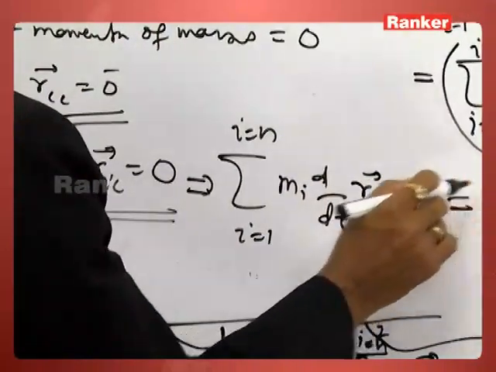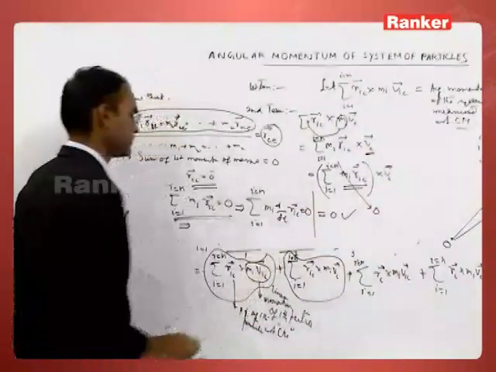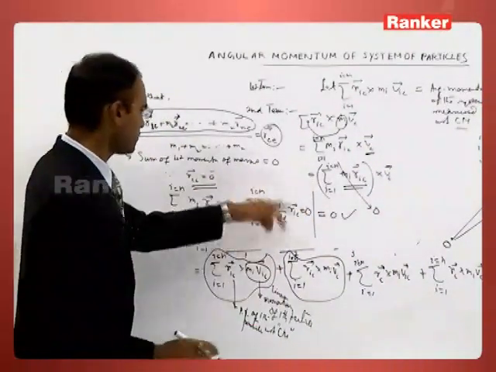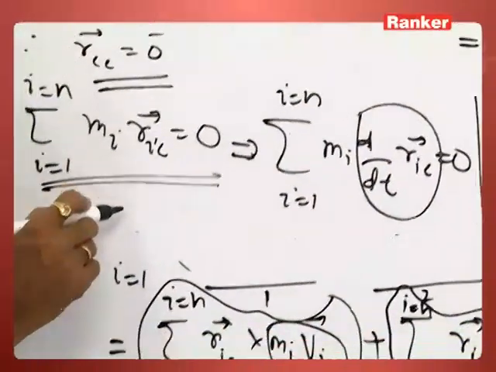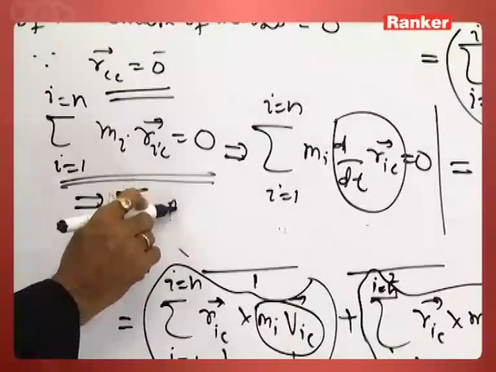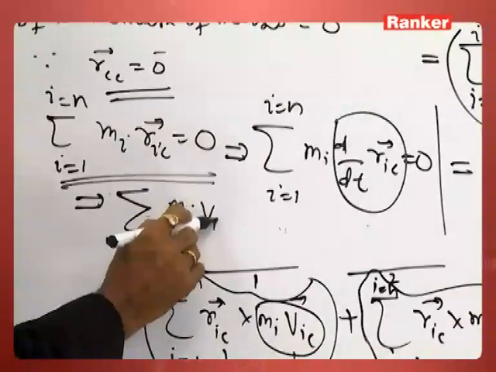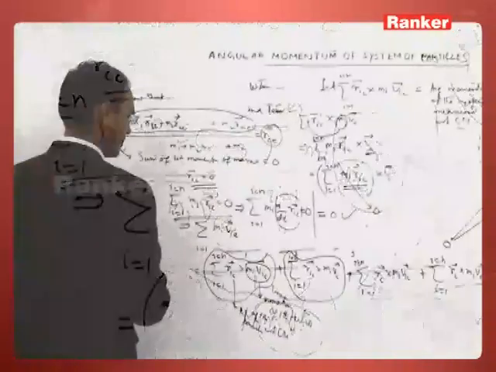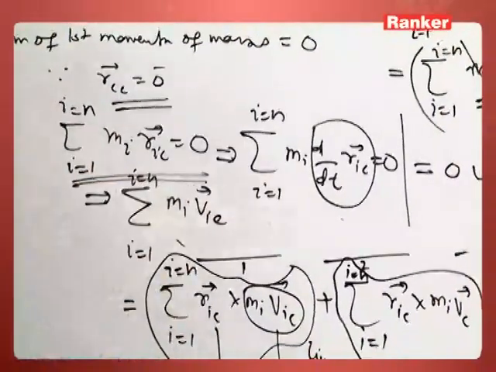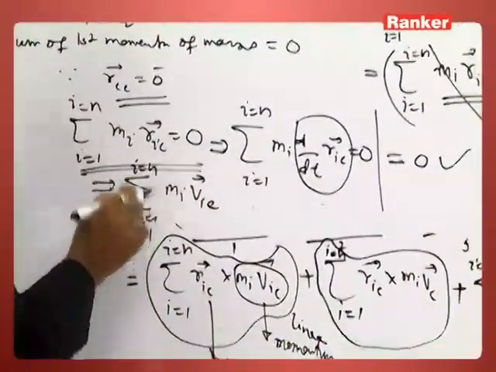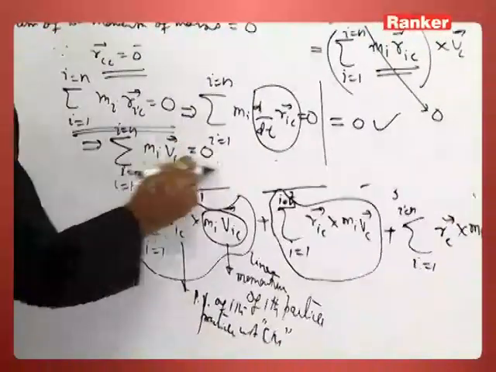This will also be equal to 0, and this is the velocity of the ith particle with respect to the center of mass, summation m_i v_ic from i equal to 1 to n is equal to 0.